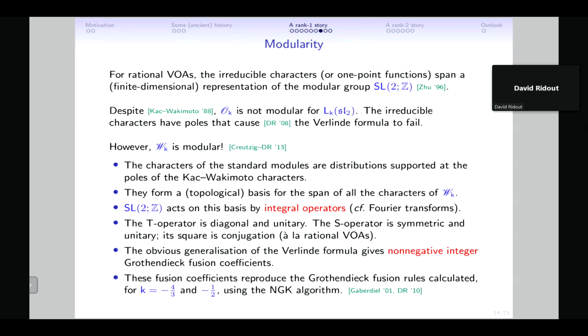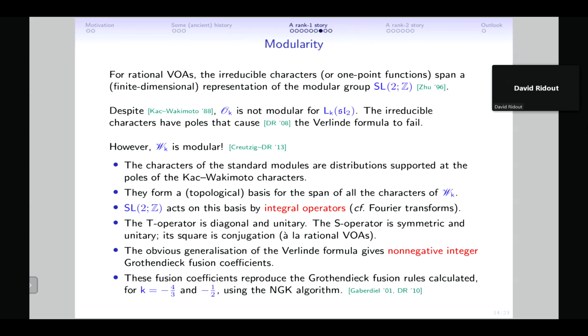So that's a very interesting observation, and it allows you to make all sorts of connections between this and analytic properties of distributions. And the standard modules have characters which turn out to form a basis for the space of all characters of our weight category, which is even better again.